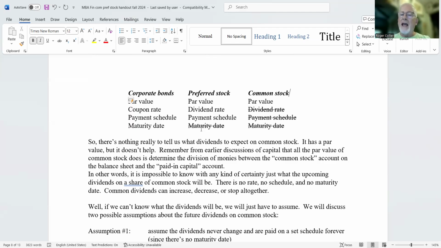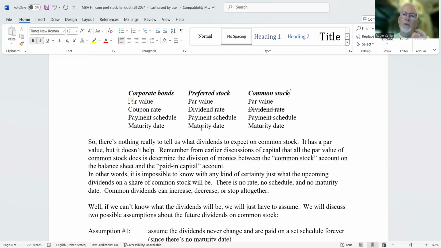But common stock has no set dividend rate, no set payment schedule, and it seriously has no set maturity date. Par value determines how the money is accounted for, but it has nothing to do with the dividends, the cash flows, nothing.